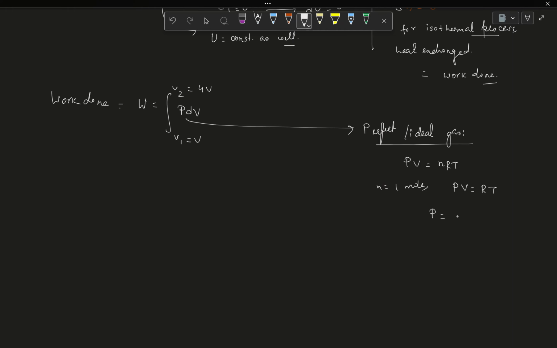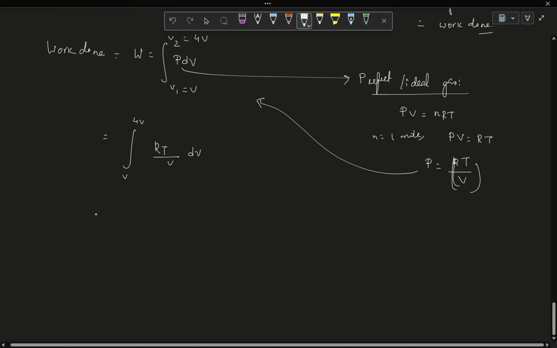So from here you can convert P to RT by V. Now this expression has RT and V, and you substitute it back here. So what you get is the integral of RT by V dV from V to 4V.